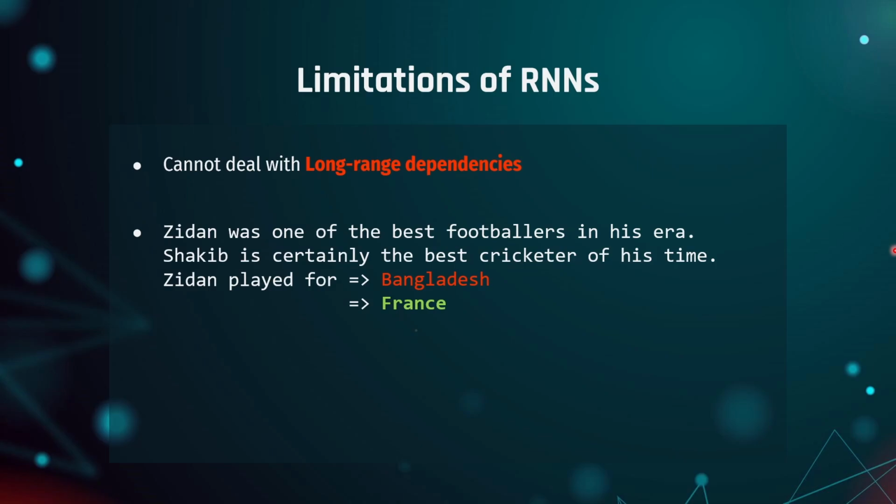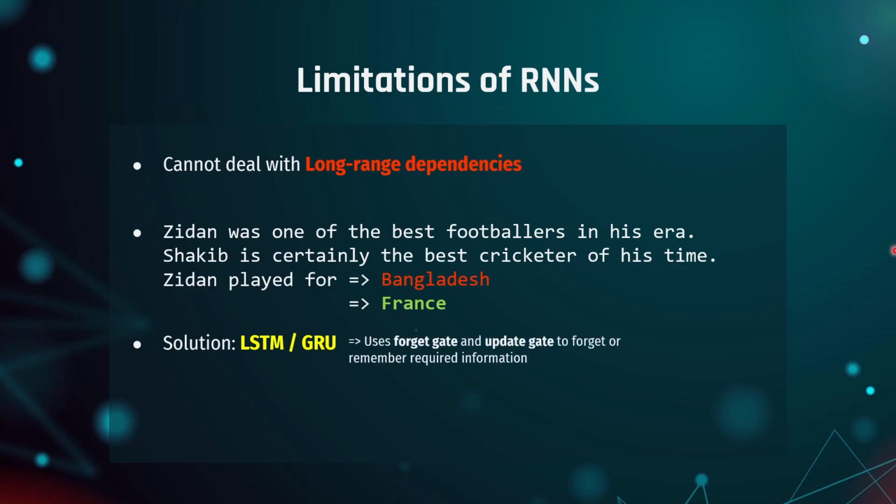It can only remember the most recent sequences of words. Okay, so one solution that was proposed is long short-term memory or LSTM, or gated recurrent unit or GRU. A gated recurrent unit uses a forget gate and an update gate, okay? The forget gate's job is to forget the information that it should not remember.